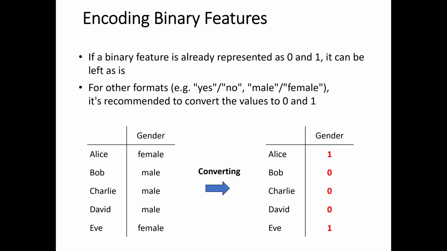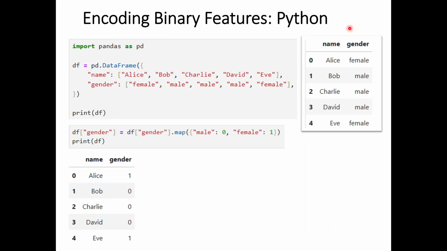In that case, a positive coefficient in the model can be directly interpreted as having the disease increases the likelihood of the target event. String binary values can be converted to numbers in Python using the map function, specifying which value should correspond to 0 and which to 1.